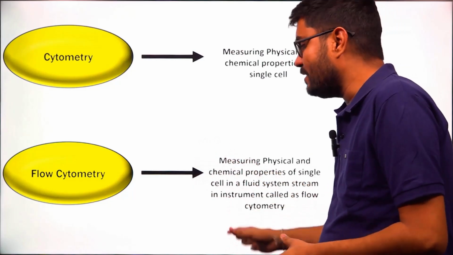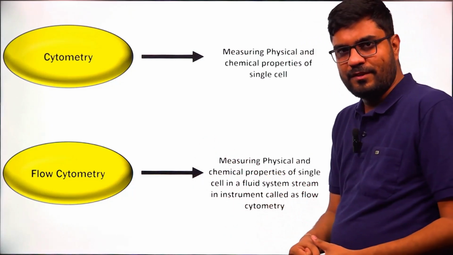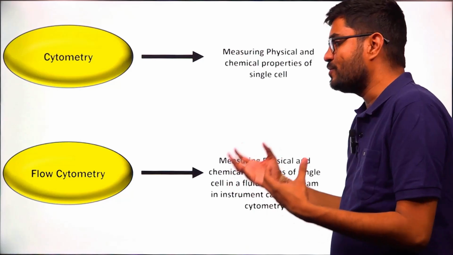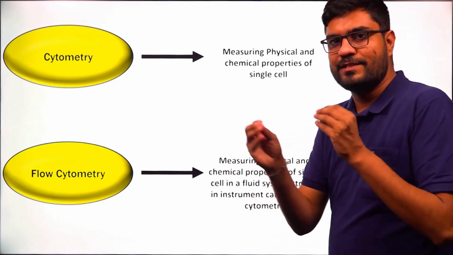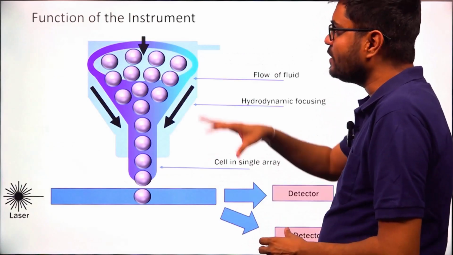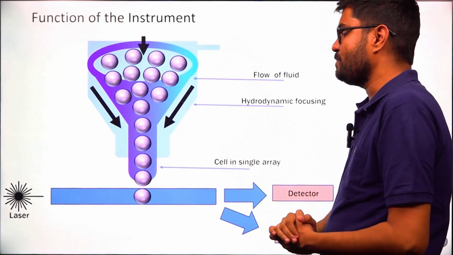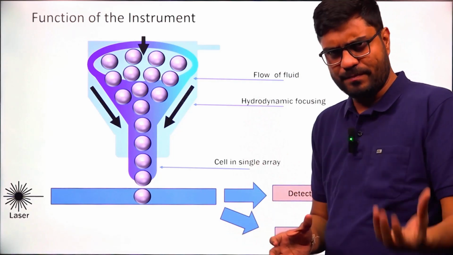So let's understand what I mean by the fluid system, or what a flow cytometer is actually doing when we put our cells in the instrument. The functional aspect of the instrument is very simple.